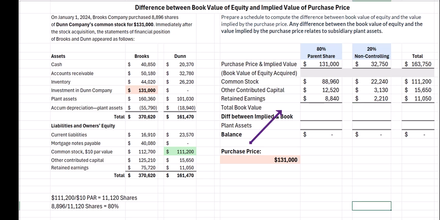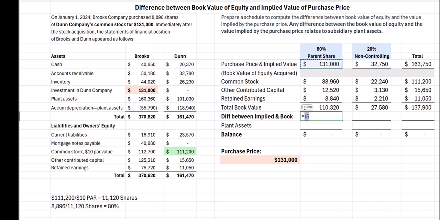So this allows us to get total book value, the sum of the stock, other contributed capital, and the retained earnings. So I get 110,320, and because I'm just going to add those across, I can get the total book value.